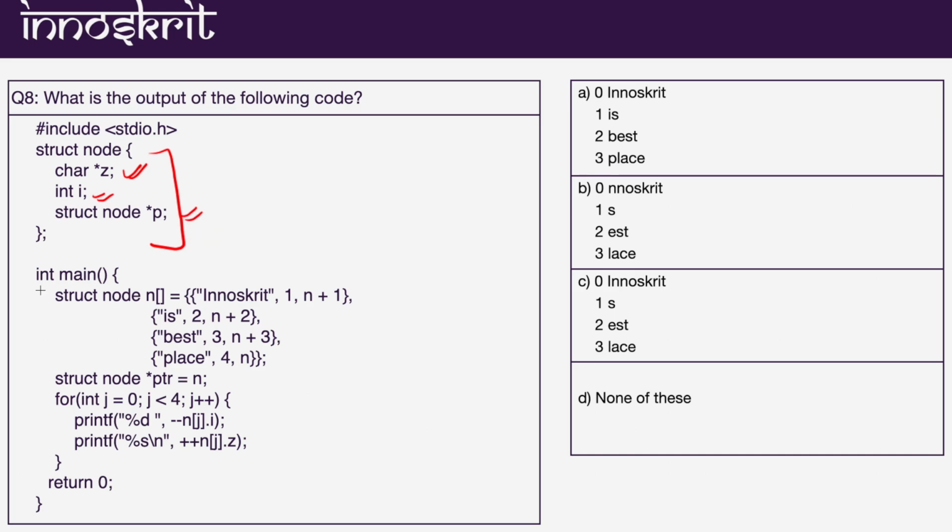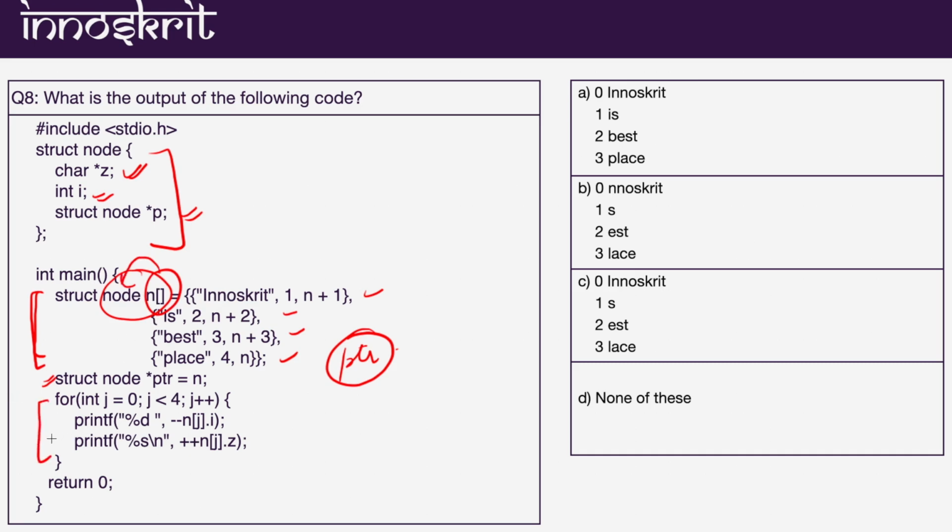According to this question we are given an array of nodes which is holding 4 values inside the array. Now we have a node ptr, and ptr is holding the base address of this array n, which is of type node.